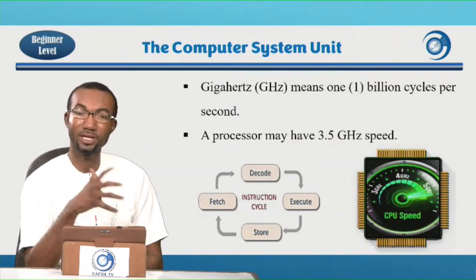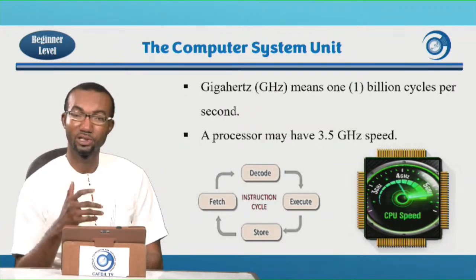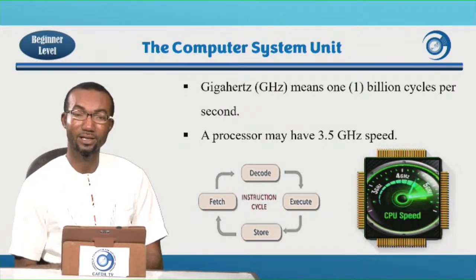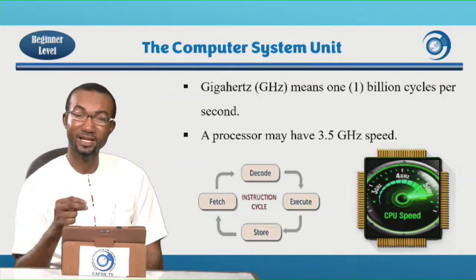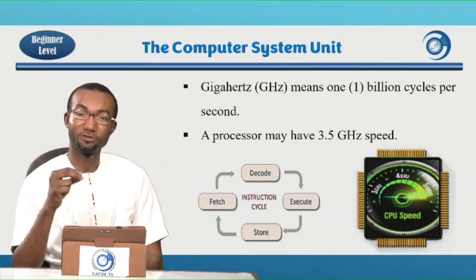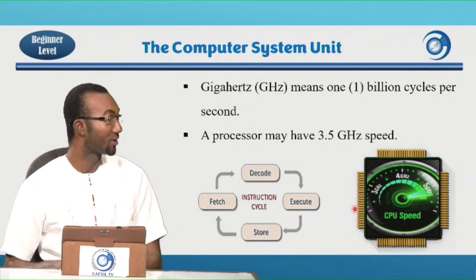You just type any big figure on the calculator and then press equal to. Then you get your answer. Look at how quick the processor performs. And we are saying that it can perform this cycle 3.5 billion times in a second. That is very quick. So that is the meaning of the processor speed.